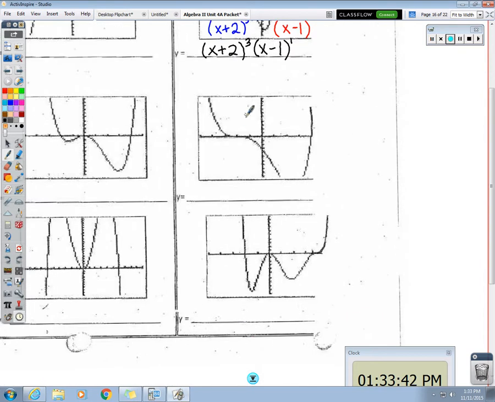Okay, we can see over here at -2 that it flattens out. So that is a multiplicity of 3. So how would we write its factor? X plus 2 cubed. And then over here, it just crosses through the x-axis at 4. So how would we write its factor? X minus 4.